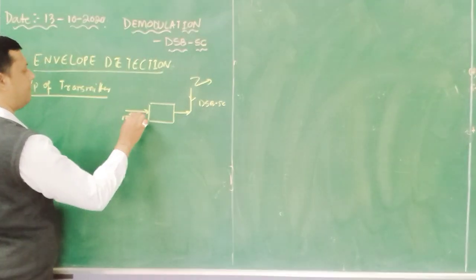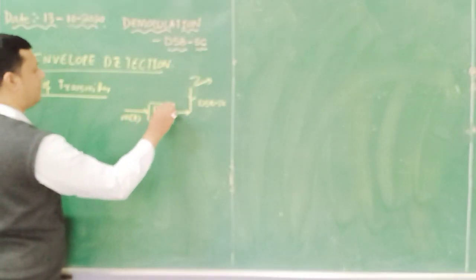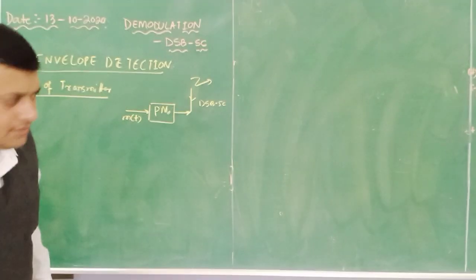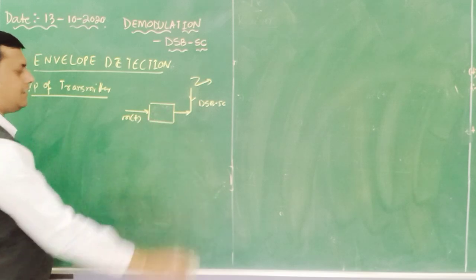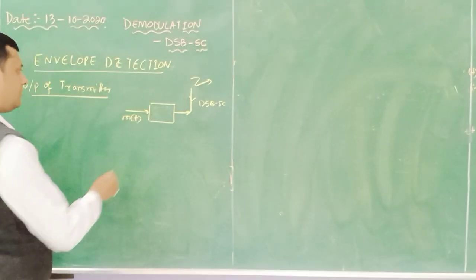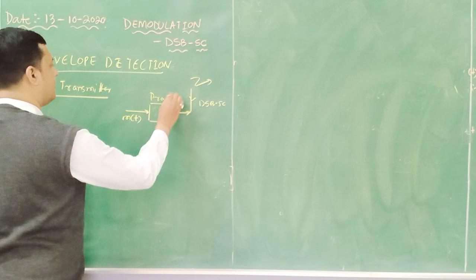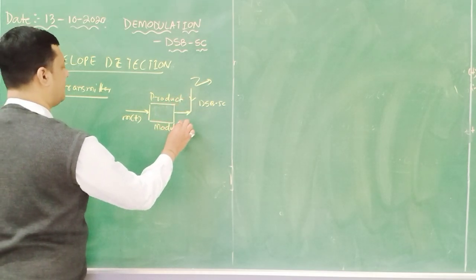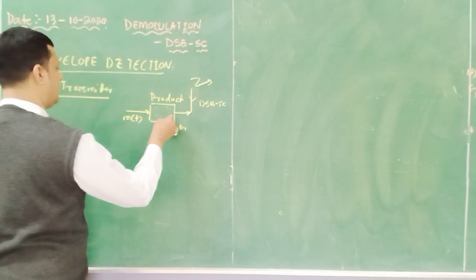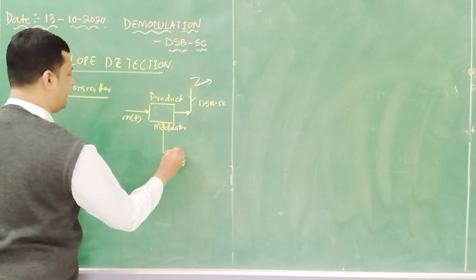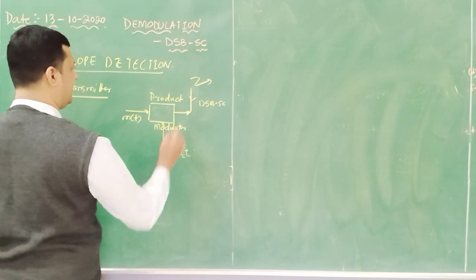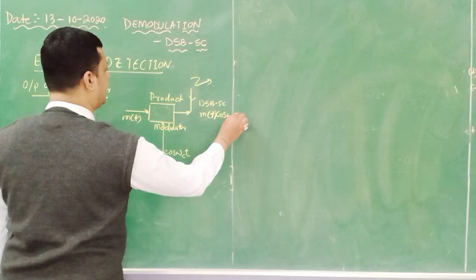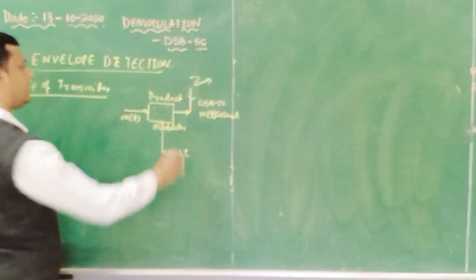Here m of t is provided to the product modulator, or you can say the balanced modulator, in which the carrier cos omega ct is provided, and the DSB-SC signal m of t cos omega ct is generated and transmitted.